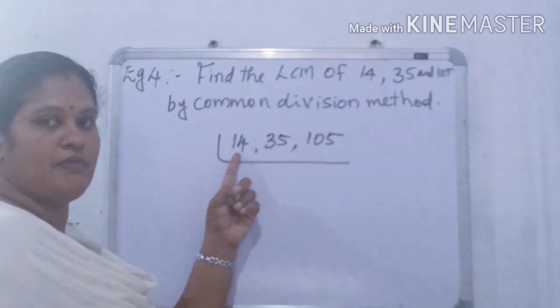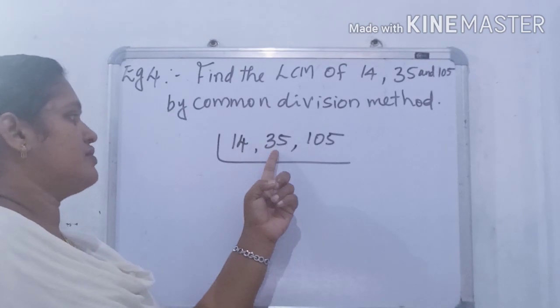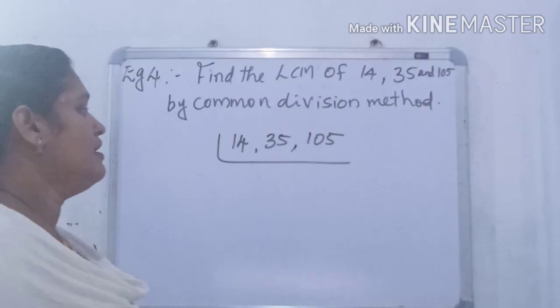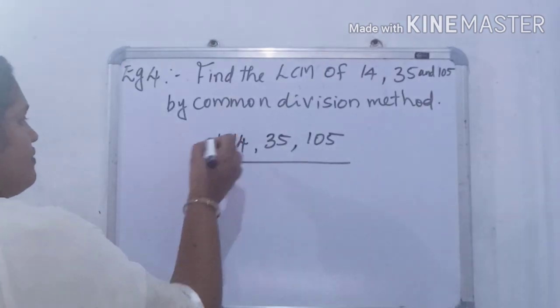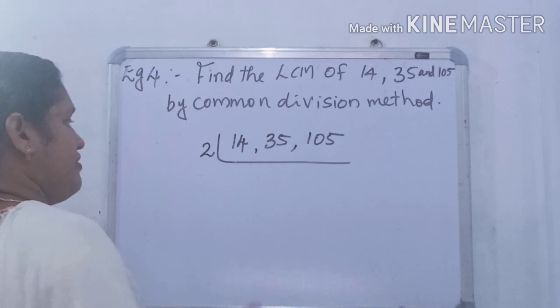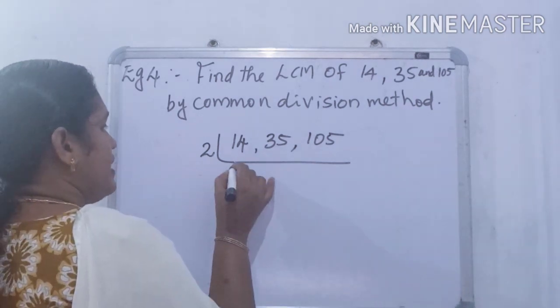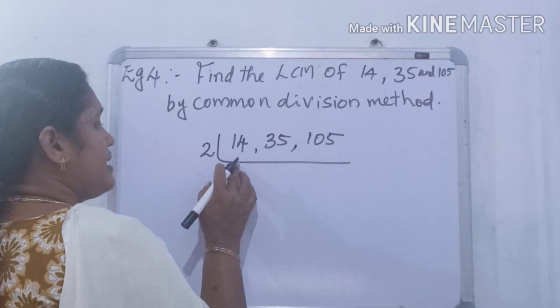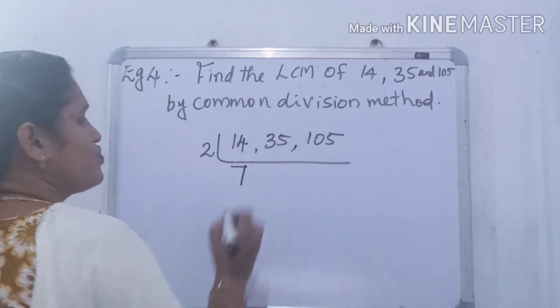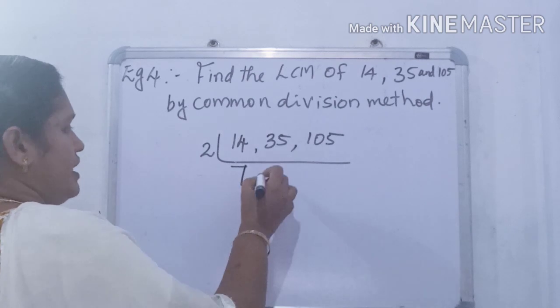It is divisible by 2. 35 is not divisible by 2 and 105 is not divisible by 2. First we can divide 14 by 2. 14 is an even number. It is divisible by 2. So how many times 2s are there in 14? 7 times 2s are there in 14.